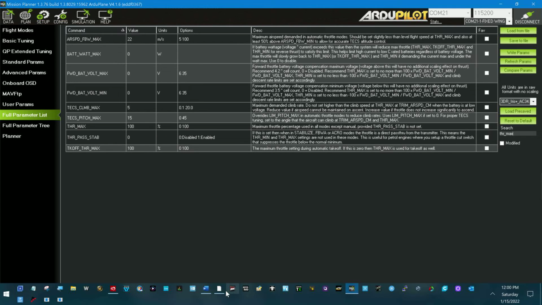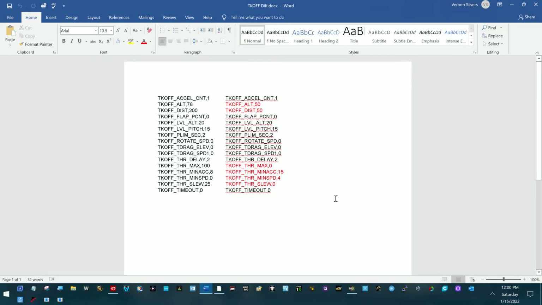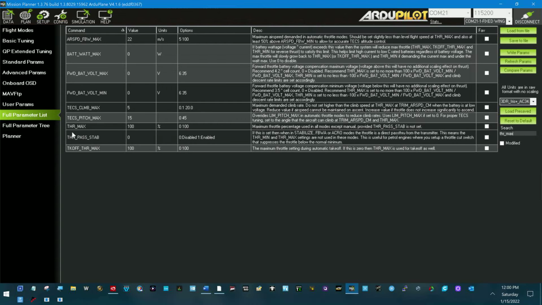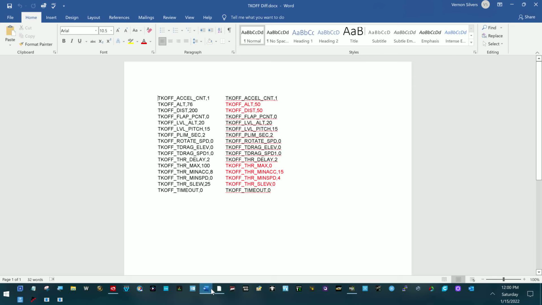So, in my opinion, novice opinion, this one doesn't really matter. I was actually set to 100. Now, we're looking at the mini Talon right now, not the nano Talon, and I will tell you that the THR underscore max for the nano Talon was set to 75. Still is. So that could have been a little bit of a problem on the takeoff.